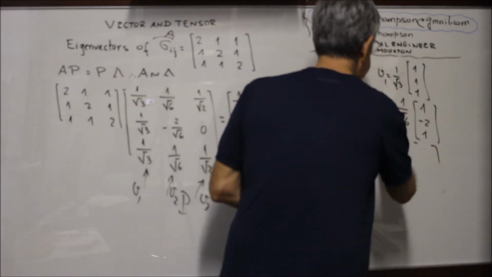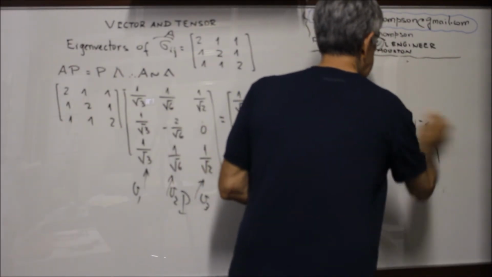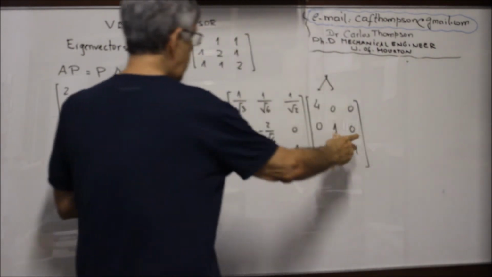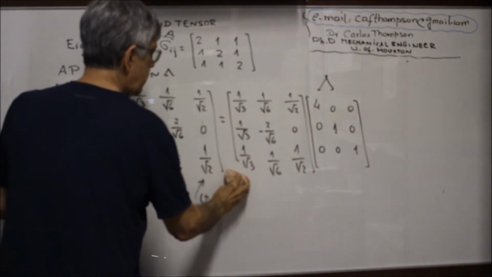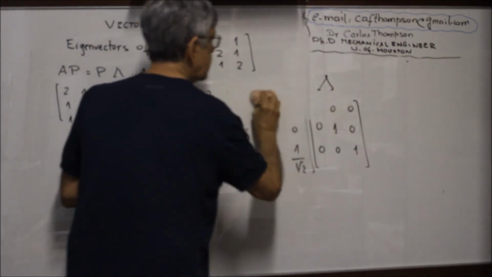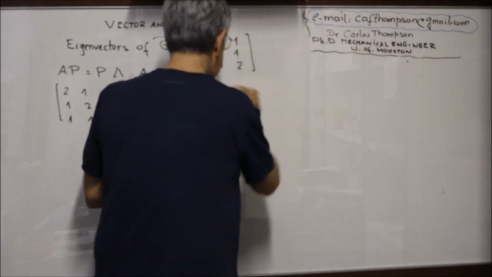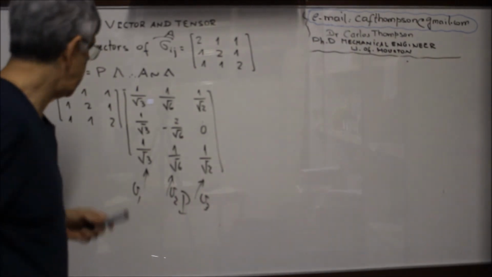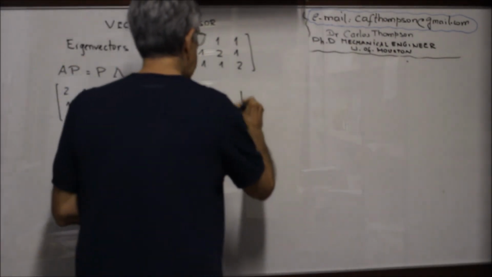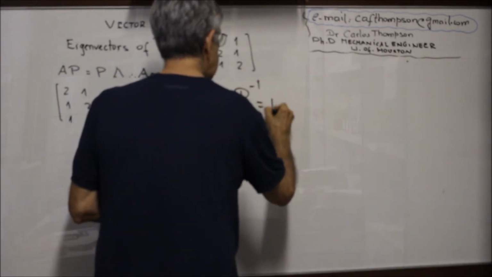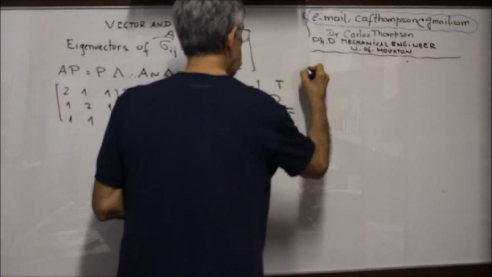You see what is P minus 1? Look. I will erase this side here, okay? Now, because this is P minus 1, that's the answer. That's the transition matrix. P minus 1 is equal to P transpose.